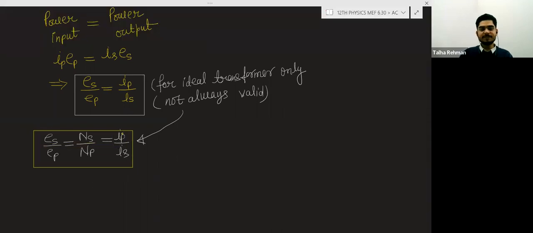What are IS and IP? IP is the current in the primary winding, and IS is the current in the secondary winding.